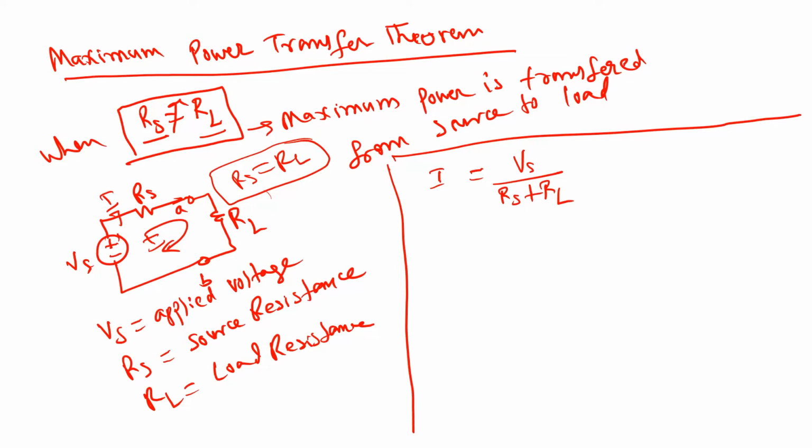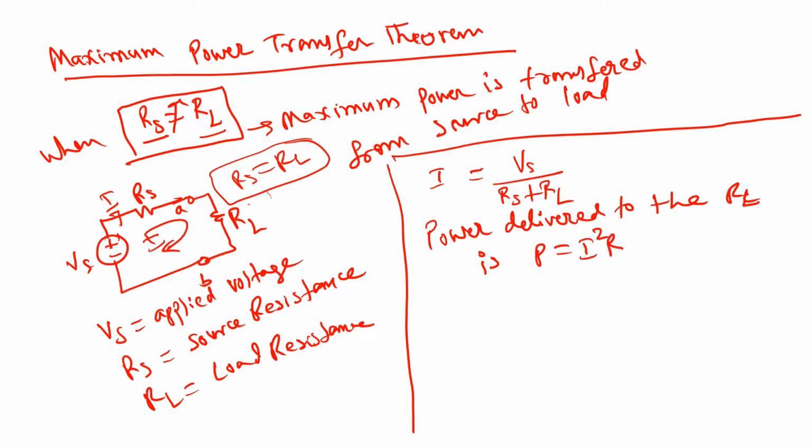What is the power delivered to the load RL? The formula is P is equal to I square into R. This is equation 2.